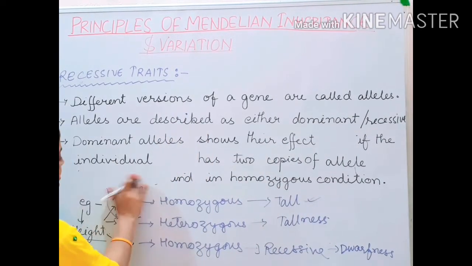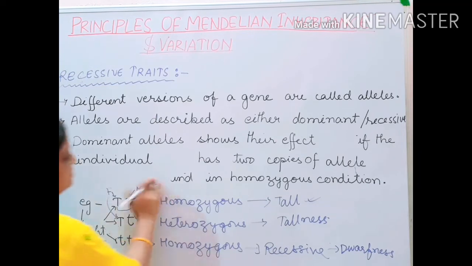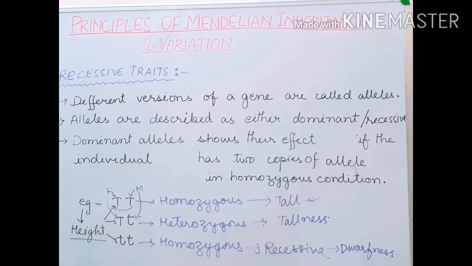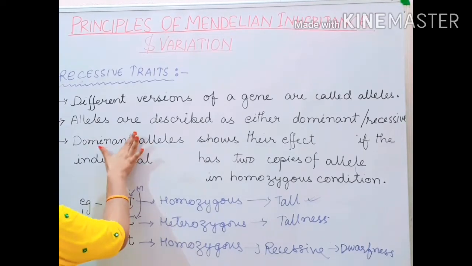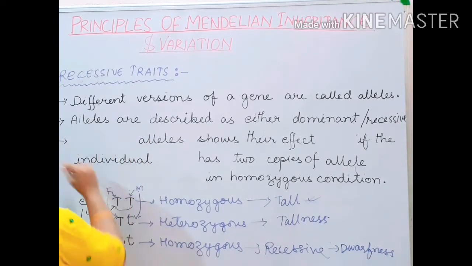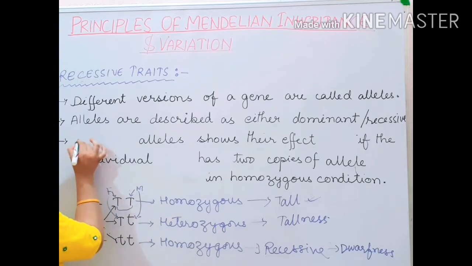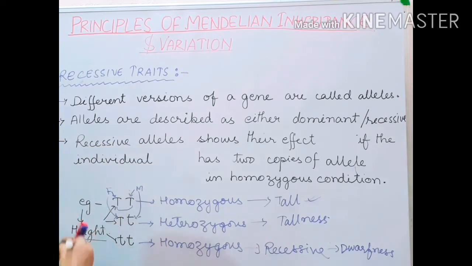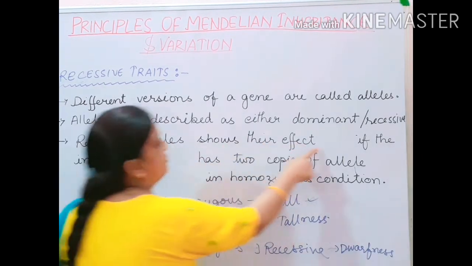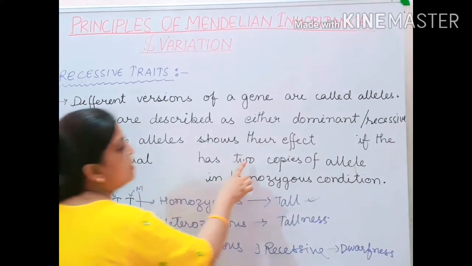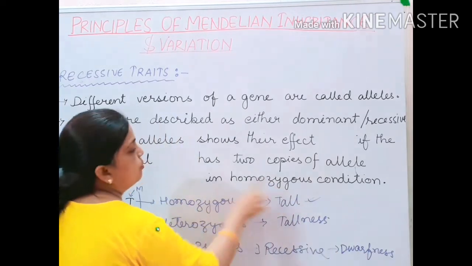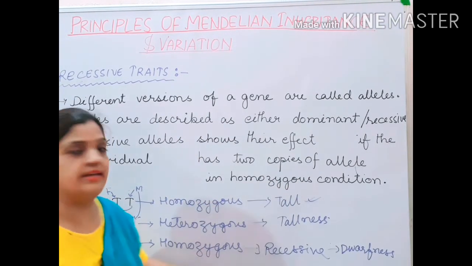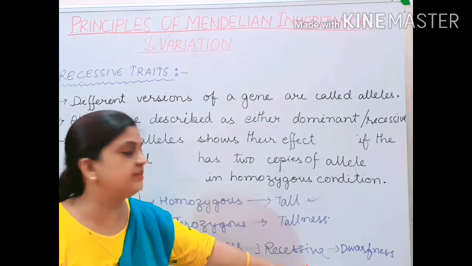I am removing this heterozygous condition, in homozygous condition. What is there? That dominant alleles, this will be your recessive alleles. Recessive alleles show their effect if the individual has 2 copies of alleles in homozygous condition. This will be showing recessive condition.